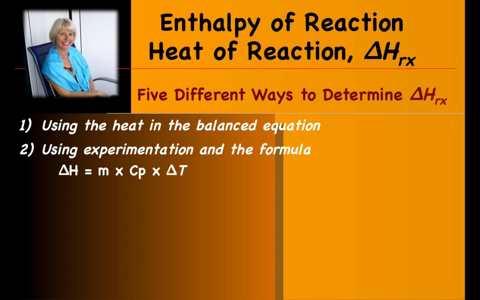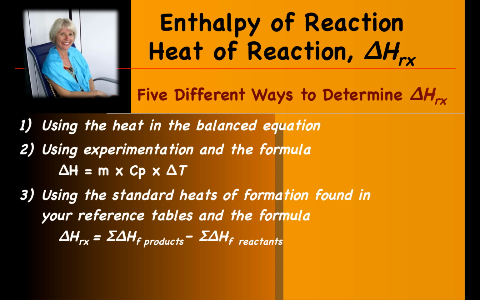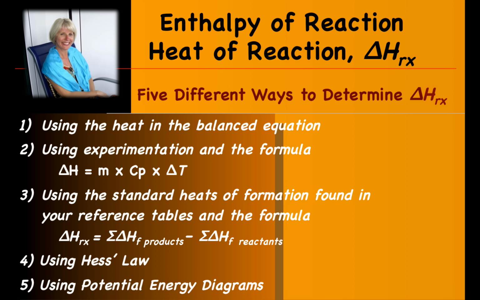Number 2, by using experimentation and the formula delta H equals mCp delta T. Number 3, using the standard heats of formation found in your reference tables and the formula delta H is equal to the sum of the heats of formation of products minus the sum of the heats of formation of reactants. Number 4, using Hess's law. And lastly, number 5, using potential energy diagrams.